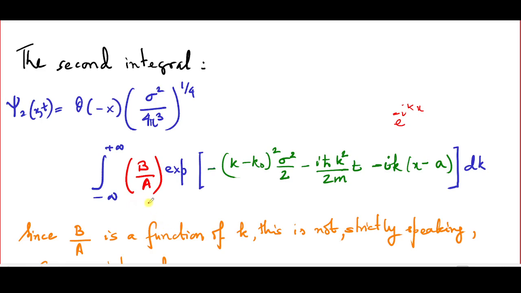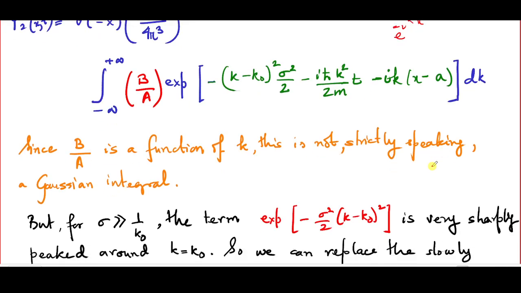That means that since this b by a is a slowly varying function of k, we can replace it by its value at k0 and pull this out of the integral. The integrand here will vanish when you are far away from k minus k0 anyway.